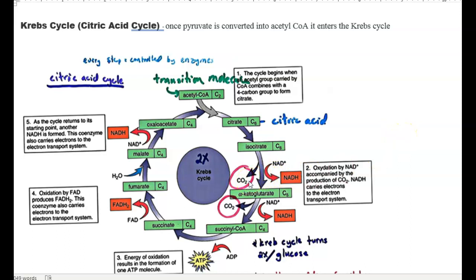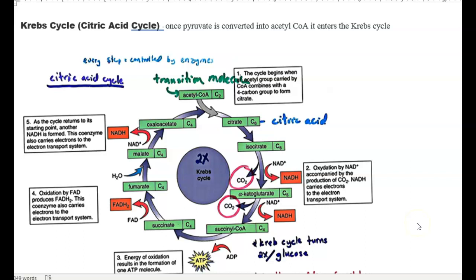Look, there's a carbon dioxide given off, carbon dioxide given off. Here it's making an NADH, here it's making an NADH, here it's making an ATP, here it's making FADH2, here it's making an NADH, goes around one more time. 2 NADHs, 2 more carbon dioxides given off, that's a total of 4 carbon dioxides.